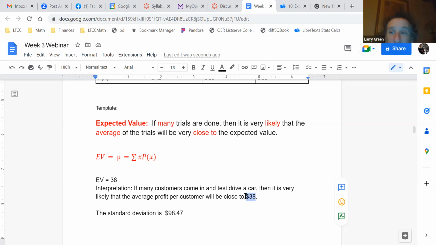And I'm not a car salesperson, by the way, but let's say it takes on average a half an hour to help test drive the car and to talk to them, right? Well, if the average profit is $38 per test drive, then the hourly wage would be $76 an hour. Is that good money? For a job that doesn't require any education. That's what we're looking at. Okay, that's pretty good. It's a whole lot more than minimum wage, right? All right, so it sounds like good money, but the standard deviation is very high.